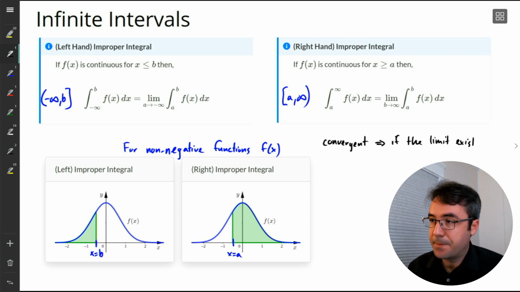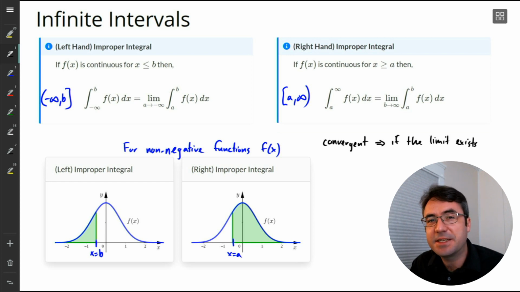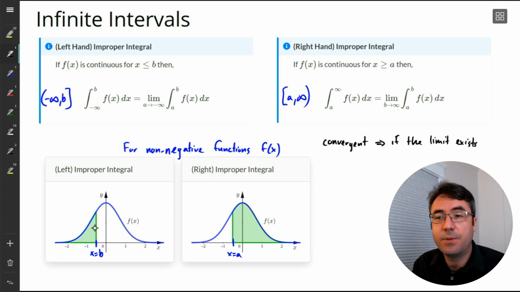so we're going to see that there are integrals out there where that limit does exist. It's always surprising to me that we have these regions that extend infinitely far in one or maybe both directions. So we have these unbounded regions that actually have a finite area. And that's what happens if this limit exists: this kind of unbounded region, which extends infinitely far in one direction, still has a finite area.